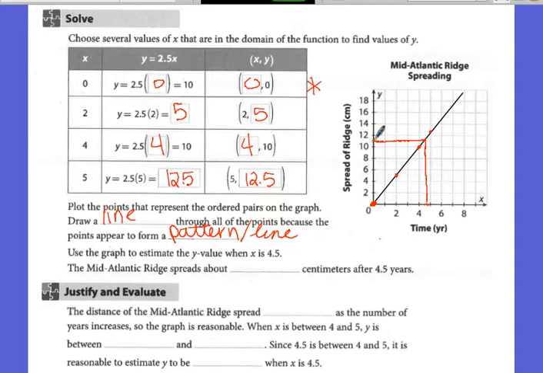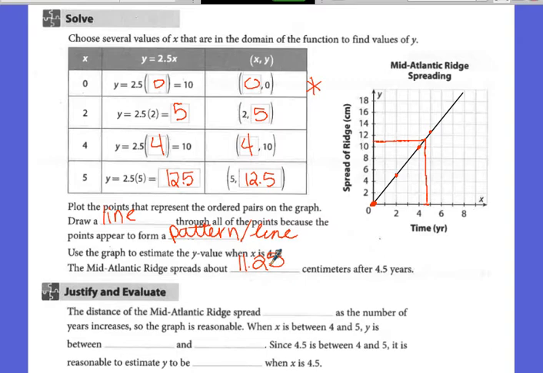All right, so it looks to me that when 4.5 years go by, it might be 11. However, you have to look and see that it is a little bit higher than 11. So the answer here is that the Mid-Atlantic Ridge spreads about 11 and 25 hundredths centimeters in 4.5 years.